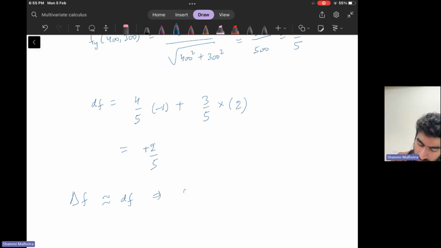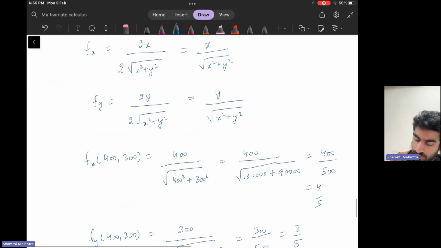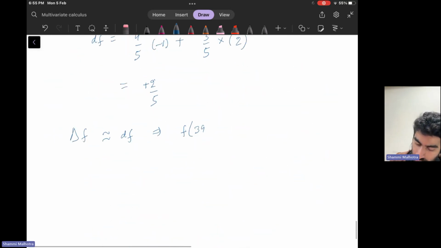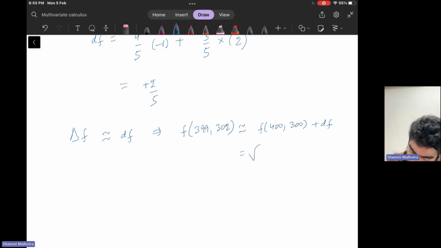So this will imply my functional value at 399 and 302 would be approximately equal to my functional value at 400 and 300 plus df. So what is my functional value at 400 and 300? This is the square root of 400 square plus 300 square, which we have calculated earlier, nothing but 500. And my change is 2 by 5, and 2 by 5 is 0.4, right?